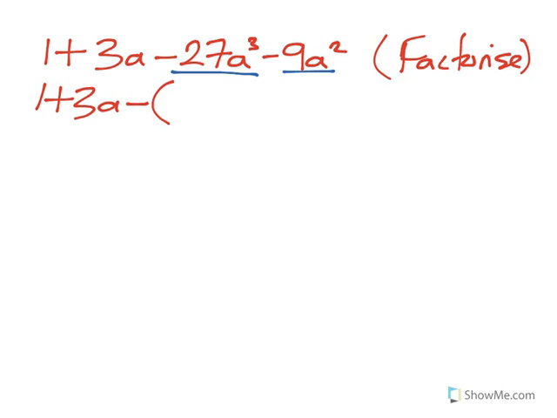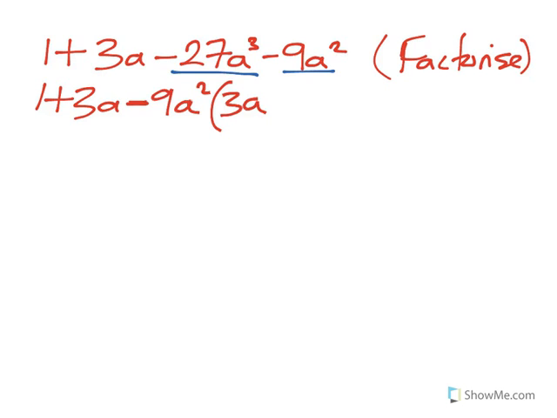Just before that, minus what is common there: 27 and 9 is 9, a cubed and a squared is a squared. Now put a bracket. Here 9 into 27 is 3, a squared into a cubed is a.